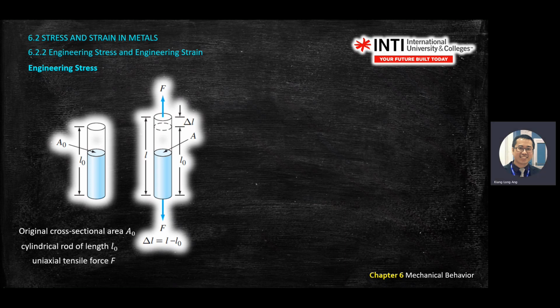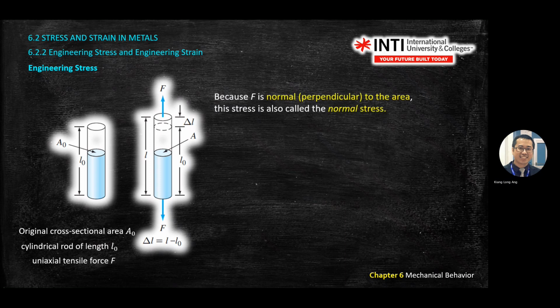So the first equation, there's one word here on the screen, uniaxial. Uniaxial tensile force. It just means that if you draw a cube, you have forces at three axes, x, y, z, right?